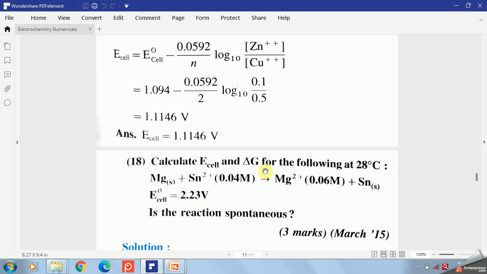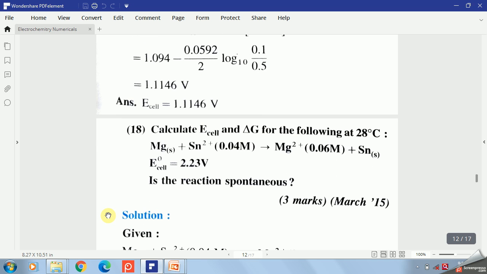First calculate the EMF of the cell, then delta G, and then write whether the reaction is spontaneous or not. With the help of this overall cell reaction, you can write two reactions. Mg gives Mg2+ plus 2 electrons, oxidation at the anode, and Sn2+ gains 2 electrons to give Sn, reduction at the cathode. So the overall transfer of electrons is 2, that is n.